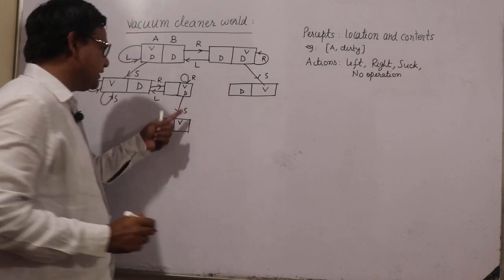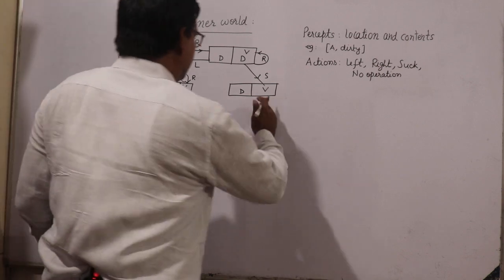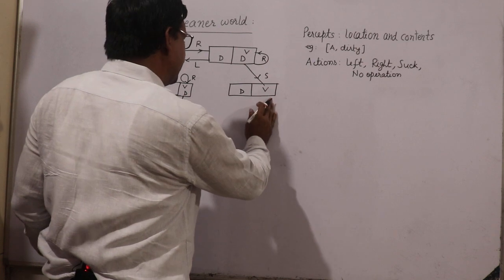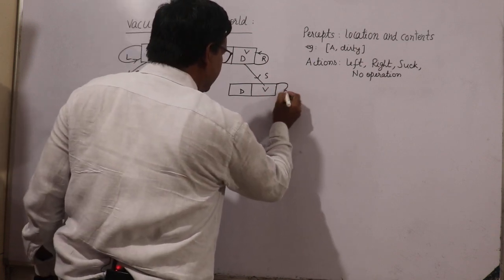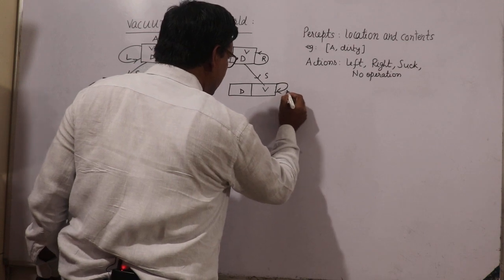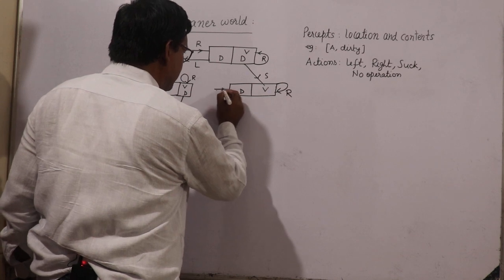The vacuum cleaner will be here and this room will be cleaned. For this situation, if the vacuum cleaner moves in the right direction, it will remain in room B. If it moves in the left direction, what will happen?